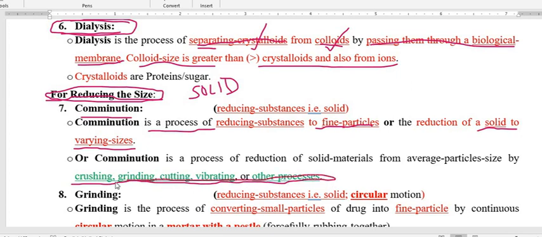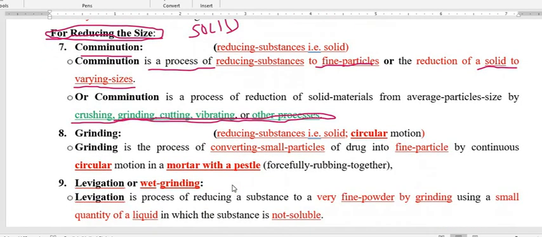So comminution is the process of reducing the substance to fine particles, or reducing the solid to varying sizes by applying any one of crushing, grinding, cutting, vibration, or other processes to reduce the size, and it is called comminution. Next is grinding.